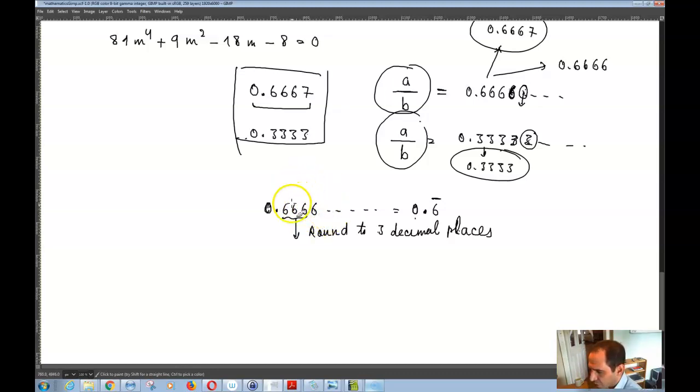So you have to round up, meaning that you drop all of these digits and then add 1 to this digit over here. This becomes 0.667. So this is this number rounded to 3 decimal places.